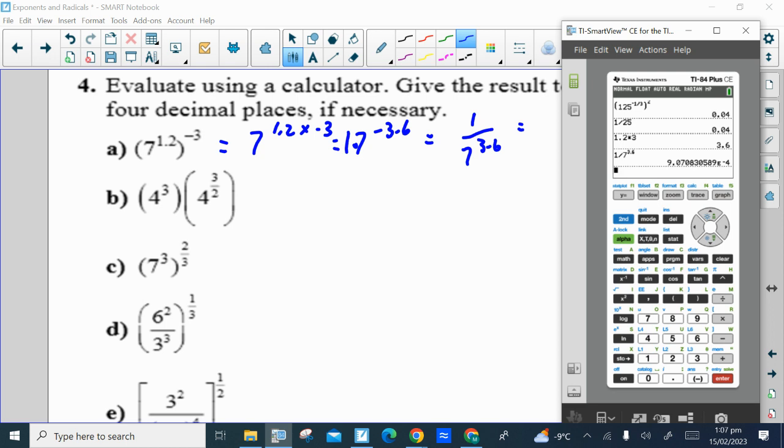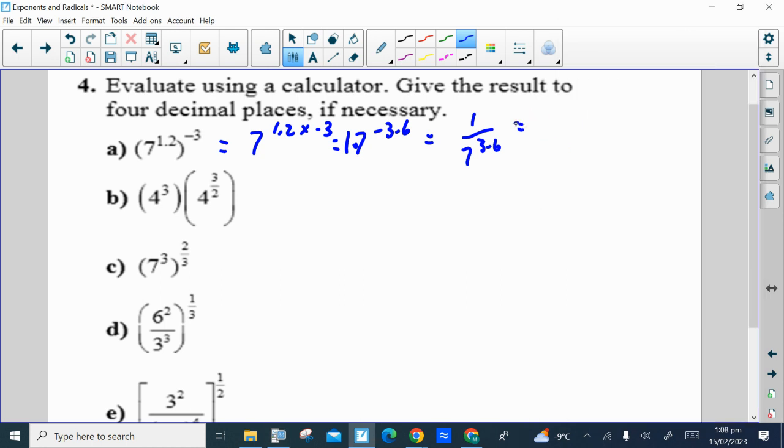And it's a very small number, a decimal less than 1. It's still positive. That e negative 4 means that the decimal moves 4 spots to the left. It doesn't mean the answer is negative. That is scientific notation. So if you're going to move the decimal 4 spots to the left, you're going to have to add 3 zeros in front. So it's 0.0009 rounded to 4 decimal places.